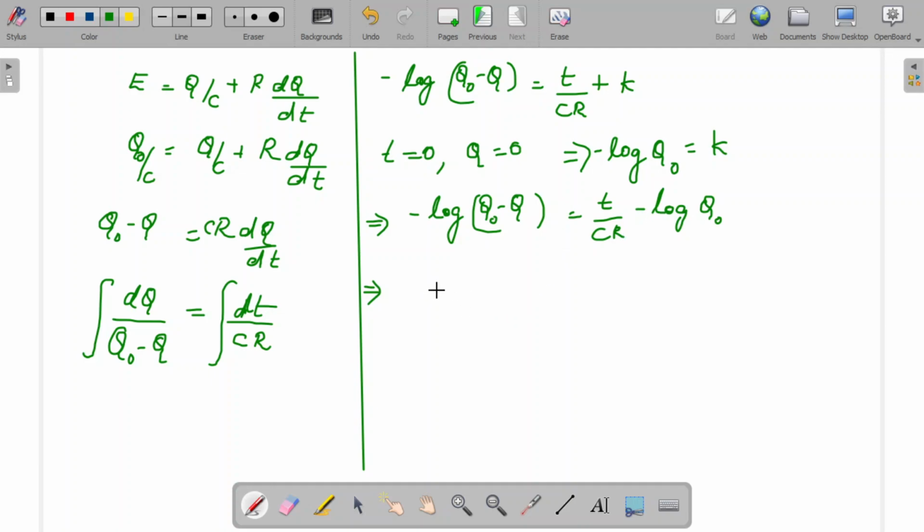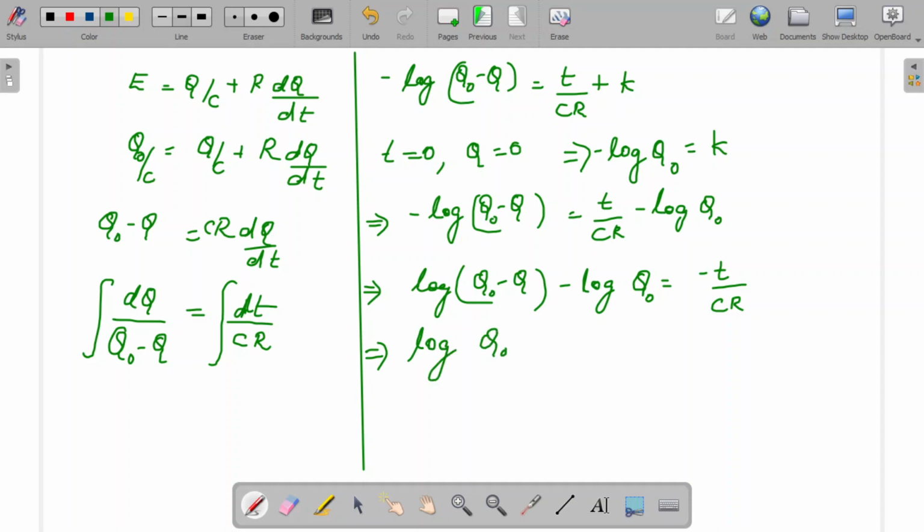So this becomes log of Q0 minus Q minus log Q0, equal to minus t by CR. When you rearrange it, you'll get it easily. So this can be written as log of Q0 minus Q divided by Q0, right?